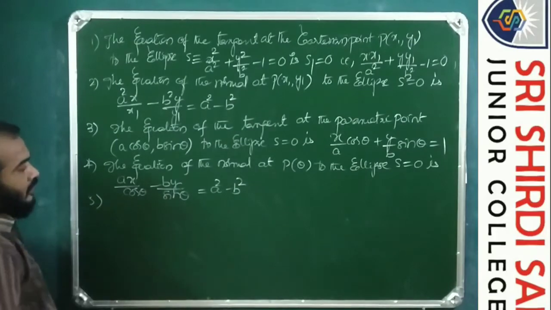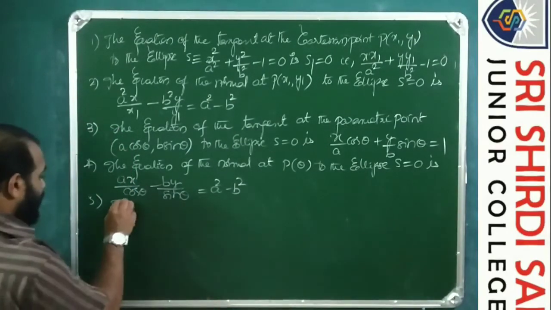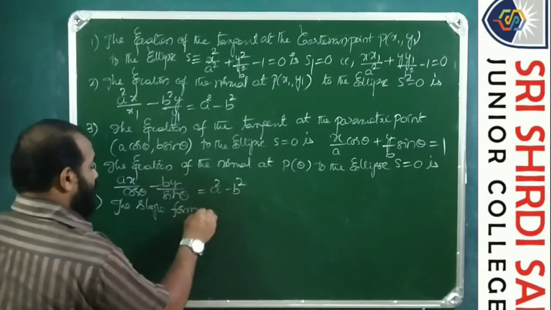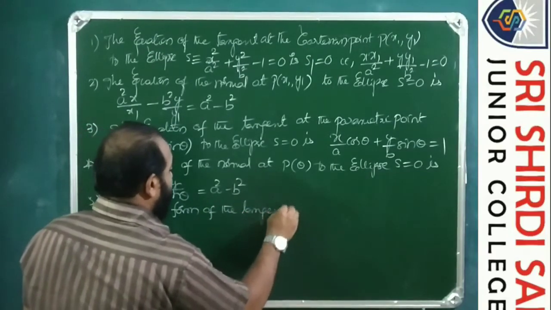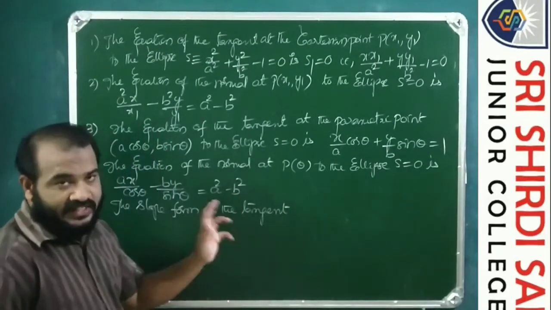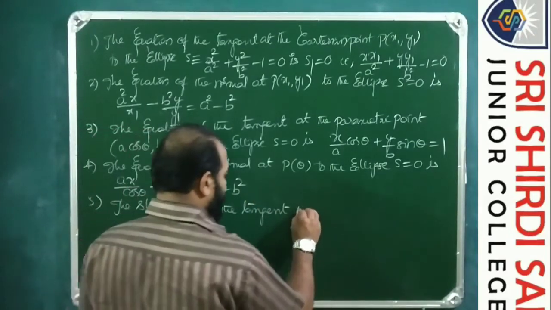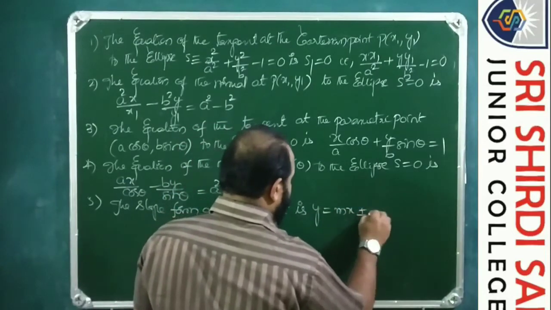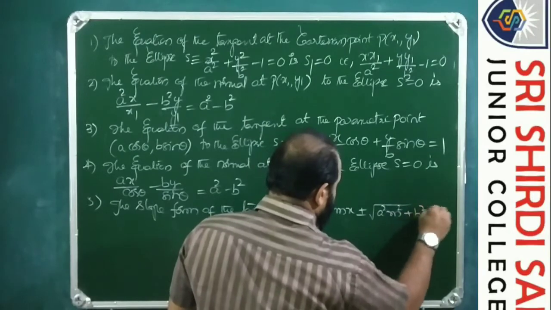And the slope form of the tangent, that is the equation of the tangent in the slope form, is y equals mx plus or minus square root of a square m square plus b square.